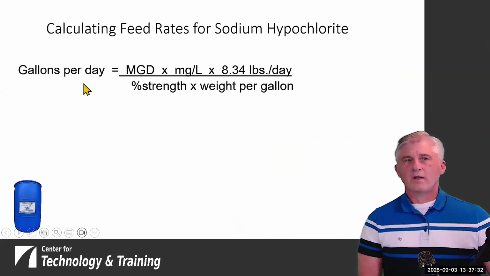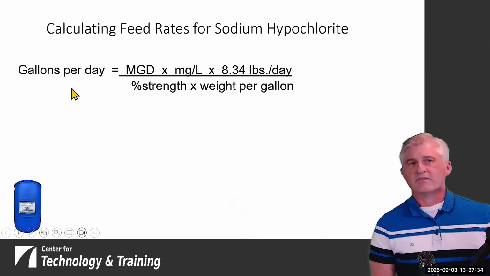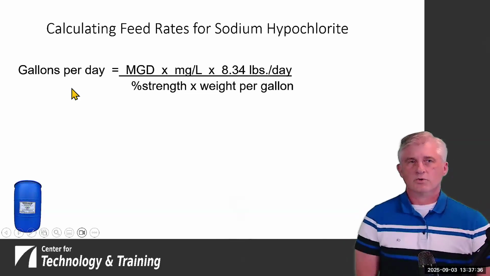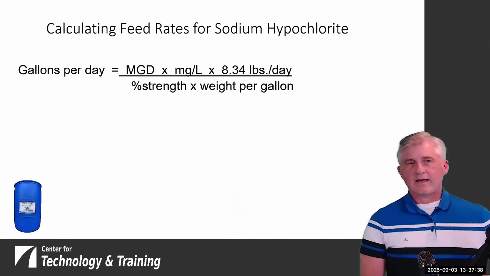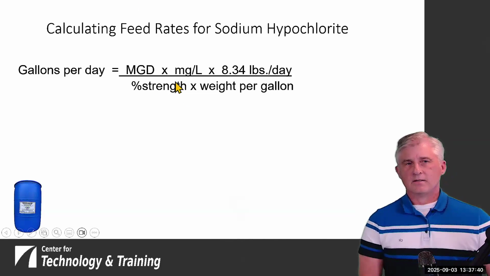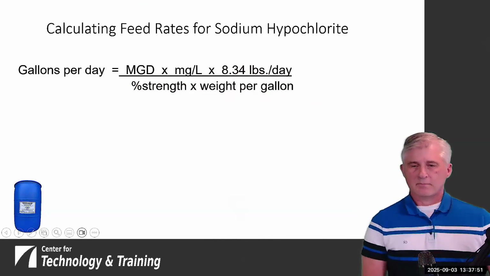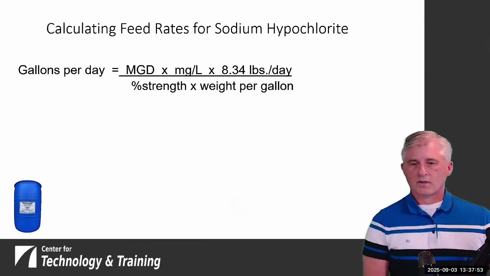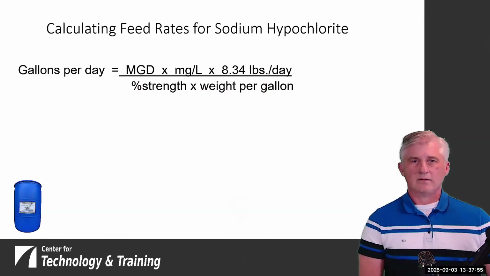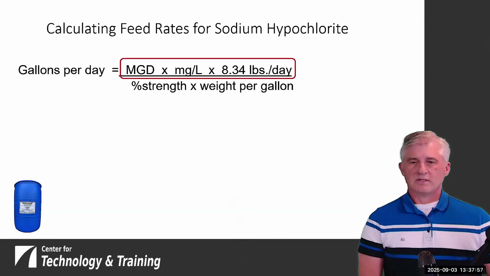When we calculate feed rates for liquid chlorine and sodium hypochlorite, we added in the percent strength when we were looking at HTH. Now we have to put in the weight per gallon, which will help to get us an accurate amount of pounds per day. The top of the equation is the same as it was for pure chlorine.